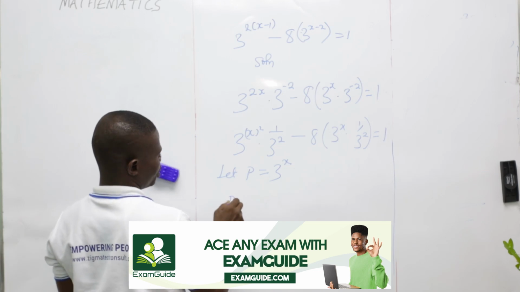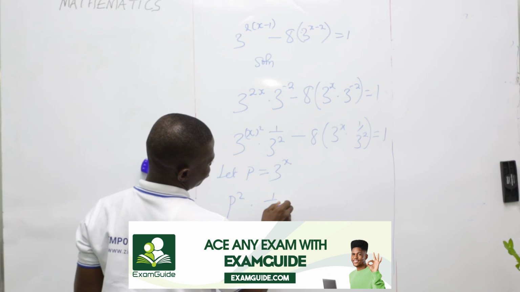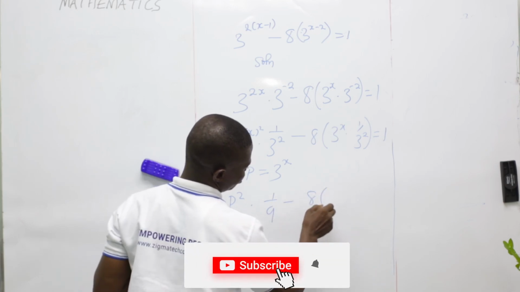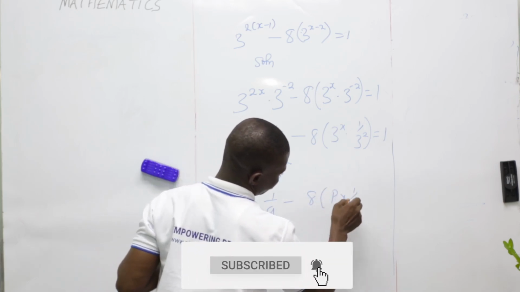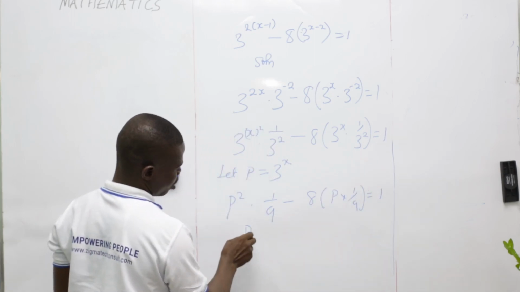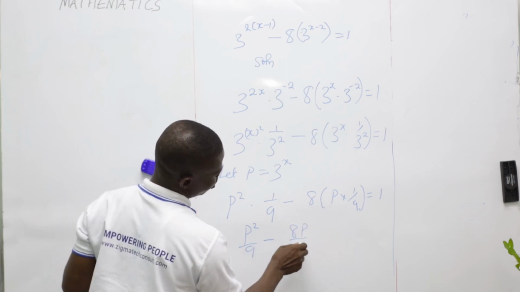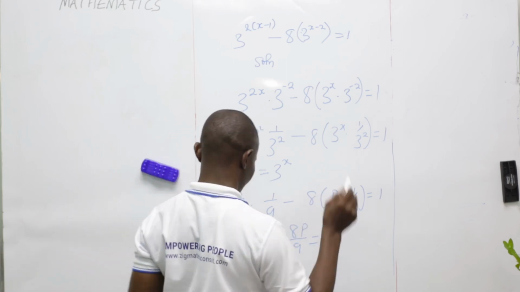So that P squared times 1 over 9 minus 8 into P times 1 over 9 equals 1. Standardizing this, we have P squared over 9 minus 8P over 9 equals 1.